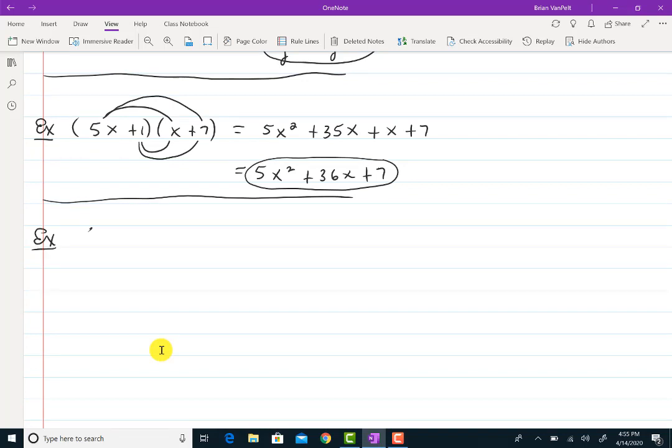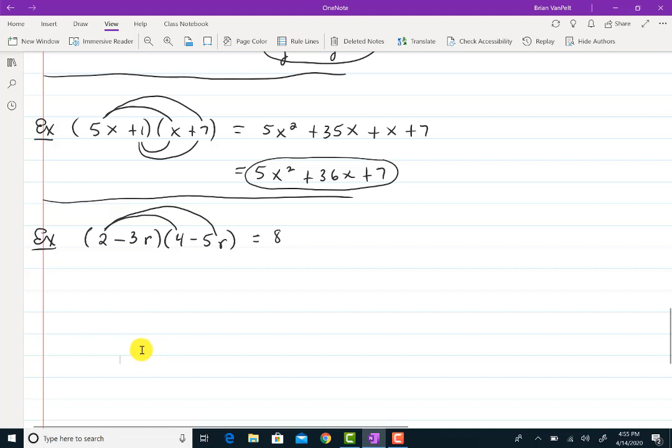Next, 2 minus 3r times 4 minus 5r. Same deal. Start with the first. 2 times 4 is 8. Then the outer, 2 times -5r is equal to -10r.